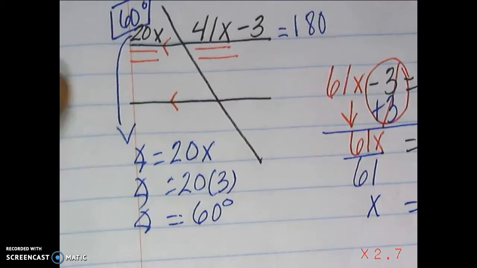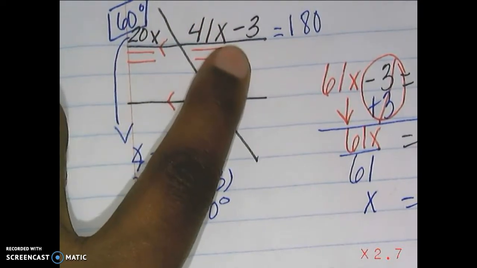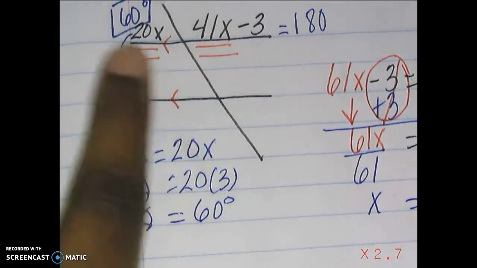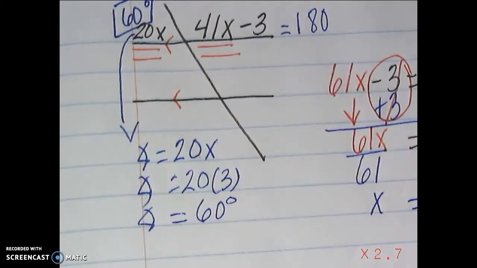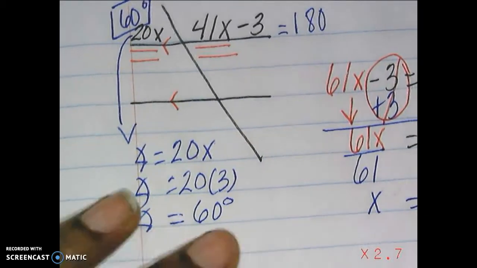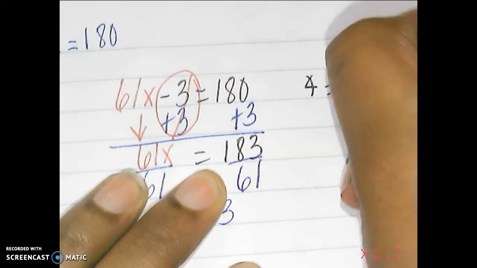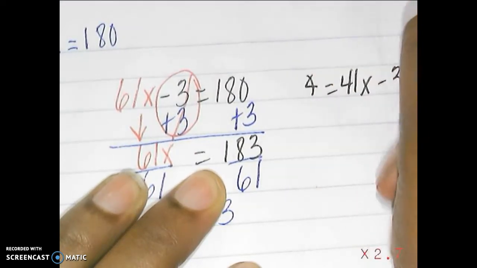In order to know if I just did this right, this angle here must equal 120 degrees because 60 and 120 together equal 180. So here, I'm going to do it over here. The other angle is equal to 41x minus 3.